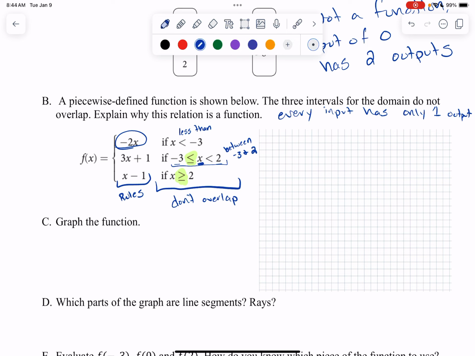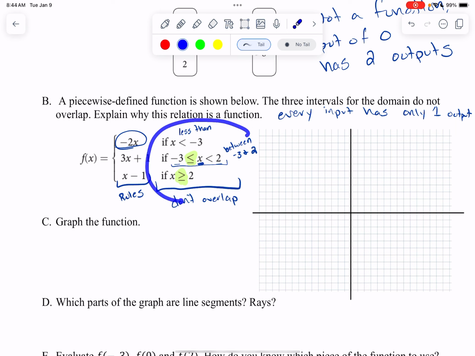So now I'm going to graph this. I'm going to come in and draw in my axes. Now I need to look at my breakpoints. Basically, I'm using this rule for everything less than -3.